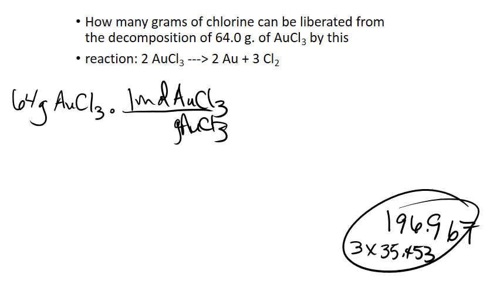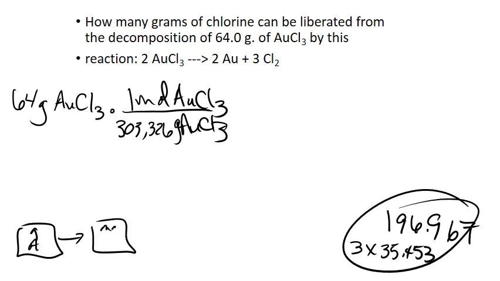I'm going to do that with my calculator, and you do it too. I got 303.326, and that's what goes down there. We're nowhere near done because we just did this step, grams of A to moles of A.